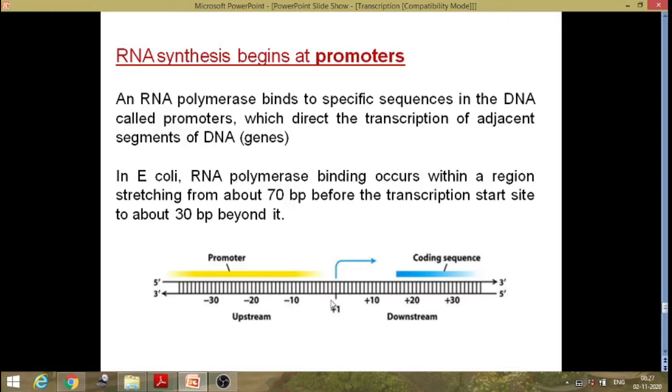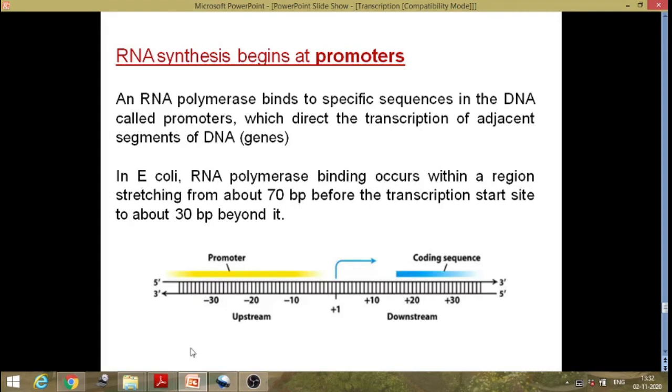DNA base pairs upstream of the transcription start site are given negative numbers, and DNA base pairs downstream of the transcription start site are given positive numbers. So the binding region spans from minus 70 base pairs to plus 30 base pairs.